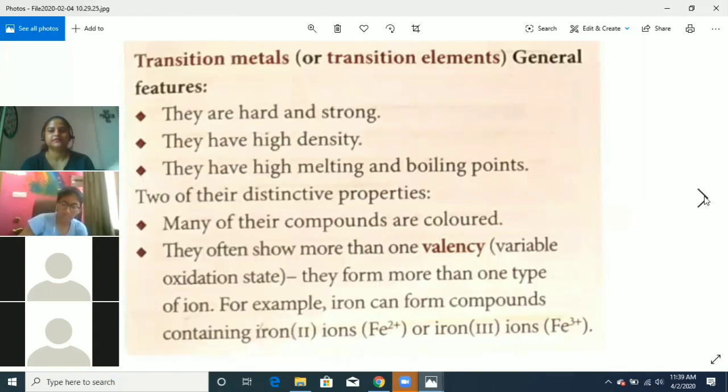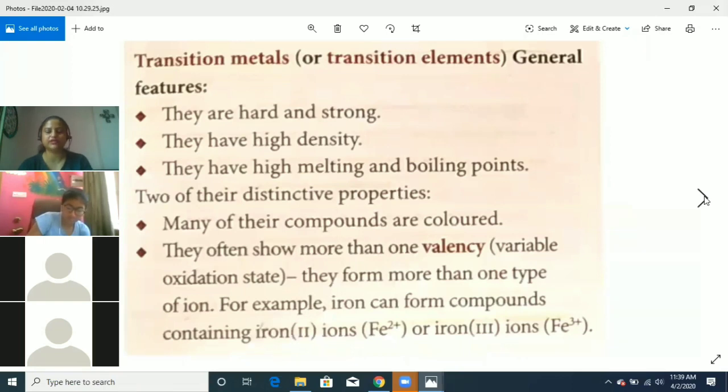now come to the blue box elements, the transition elements. As we have seen earlier, the transition elements have a few properties that make them different from the other metals.